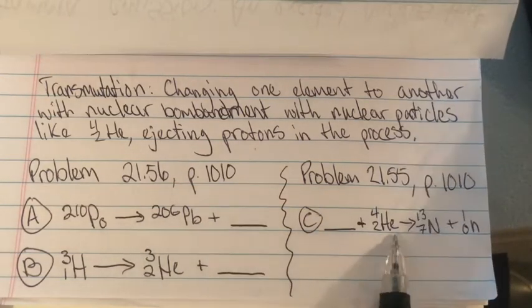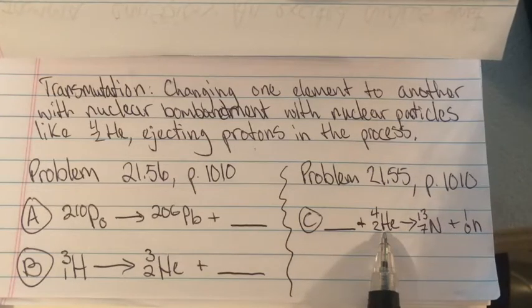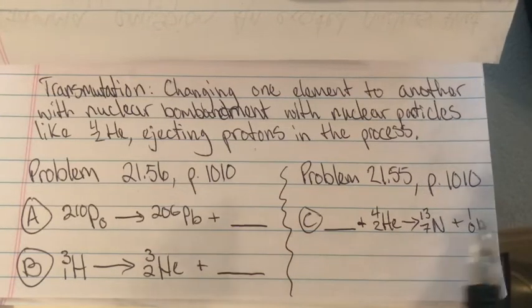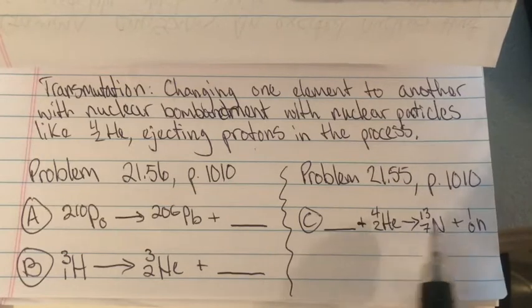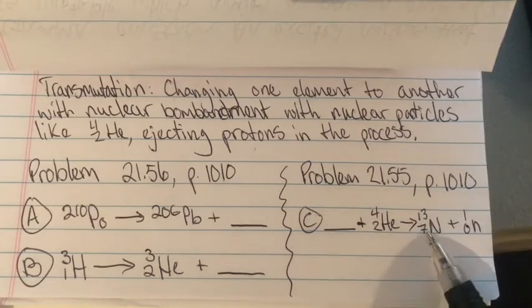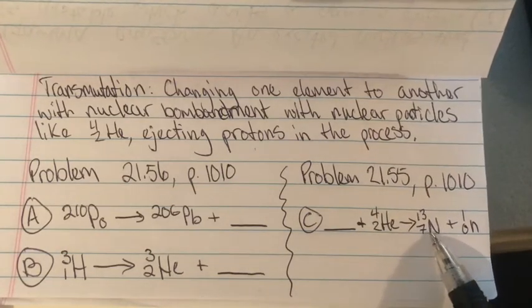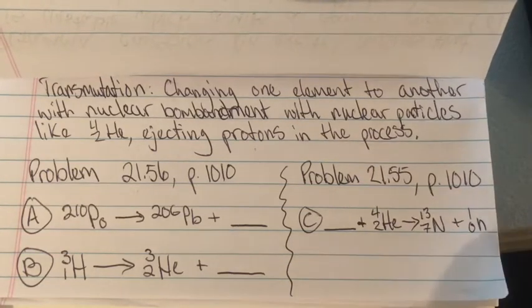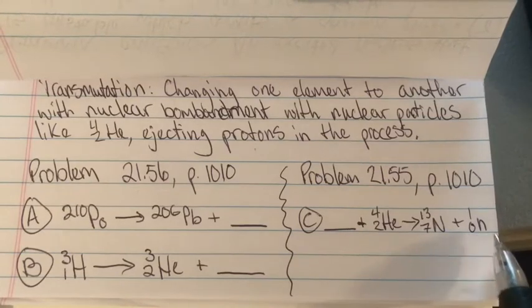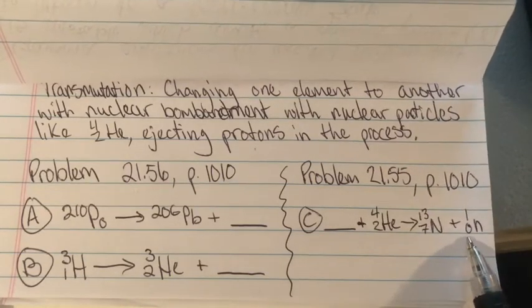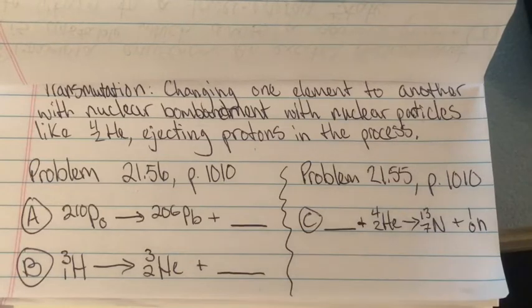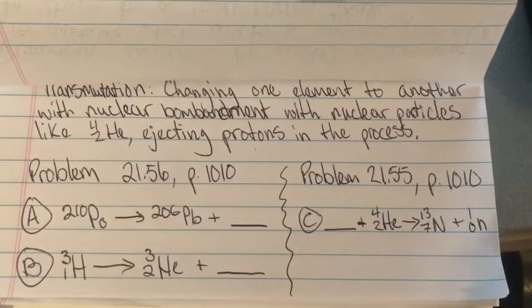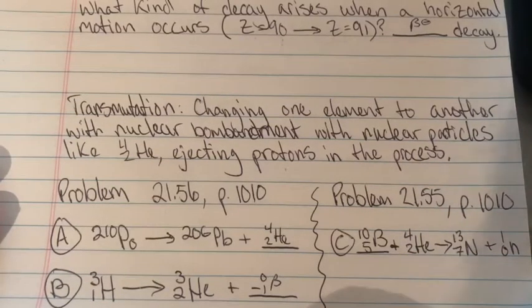So there's something that's going to be absorbing a helium nucleus, and then you're going to form 13 atomic mass unit N, and then some neutron. So notice that the neutron is not charged, but it has an atomic mass unit of 1. Okay, so take a few minutes and pause and see what you come up with. Okie dokie.